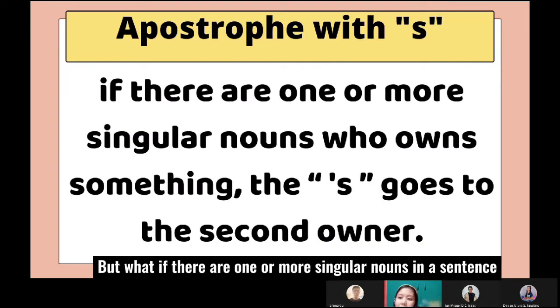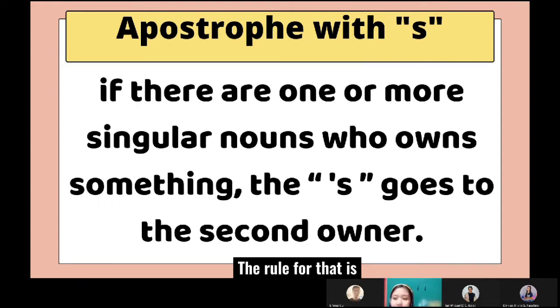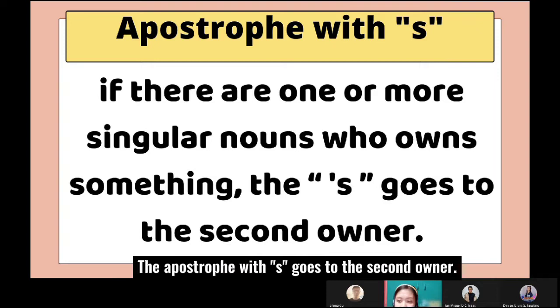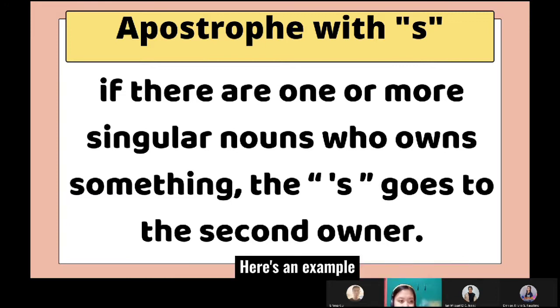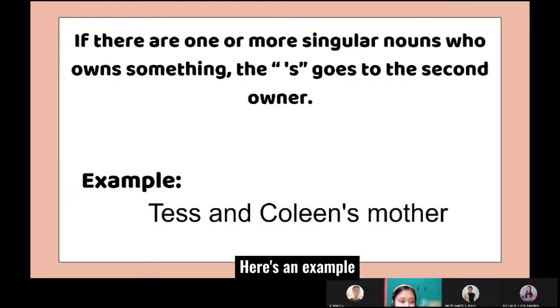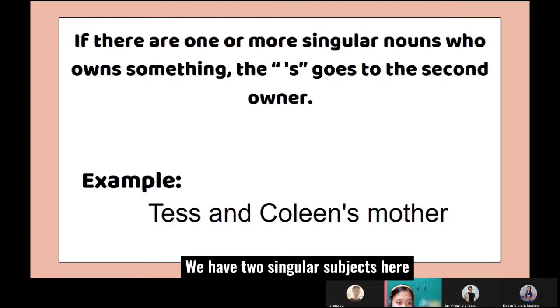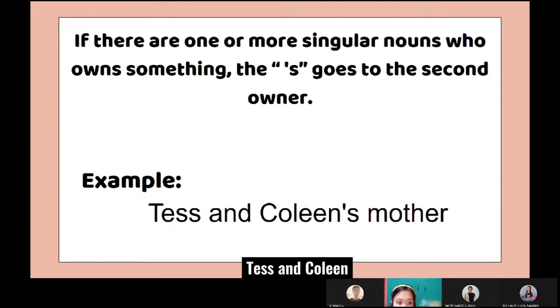But what if there are one or more singular nouns in a sentence? The rule for that is the apostrophe S goes to the second owner. So here's an example. We have two singular subjects here, which are Tess and Colleen.